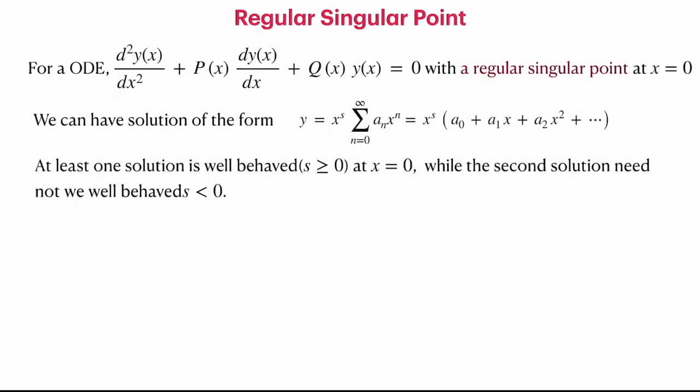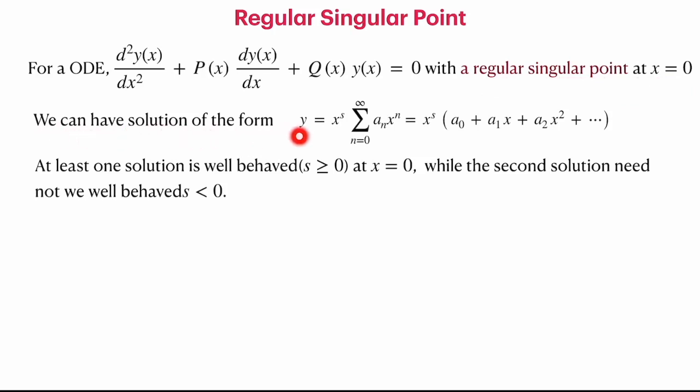Here is the exact statement for an ODE of the form d square y by dx square plus p of x dy by dx plus q of x y is equal to 0 with the regular singular point at x is equal to 0.